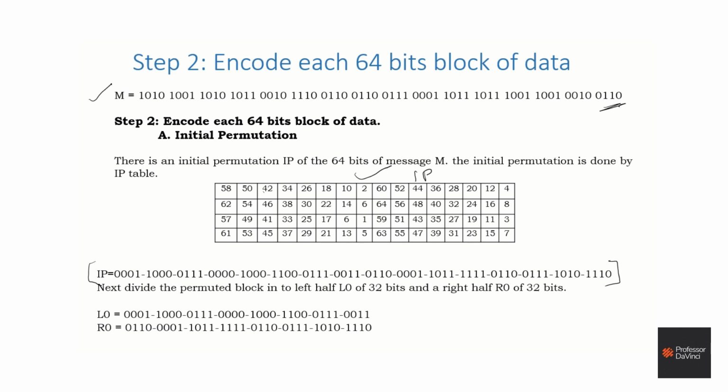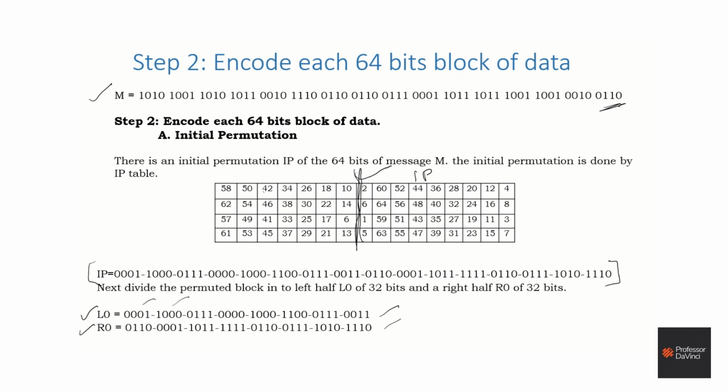Next, divide the permuted block into two halves, left half and right half. So again, from the message we are going to split into two halves, left half and right half, 0 0 1 1 0 0, and so on. So the message is now a permuted result of the message. We get L0 and R0.